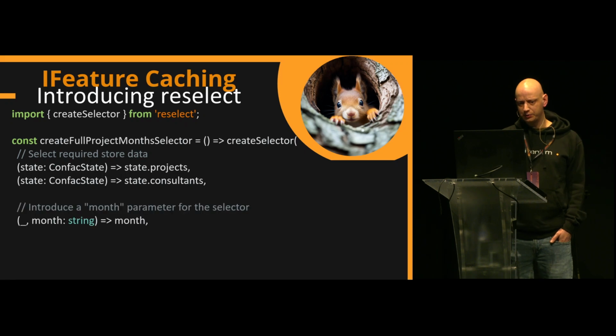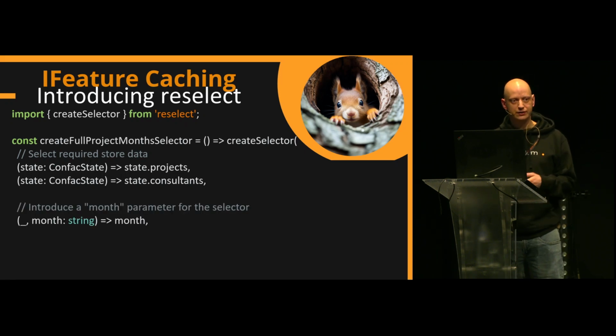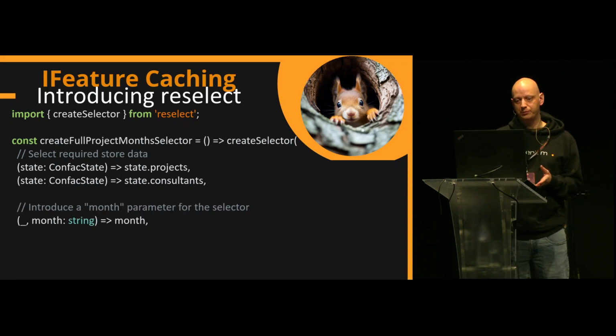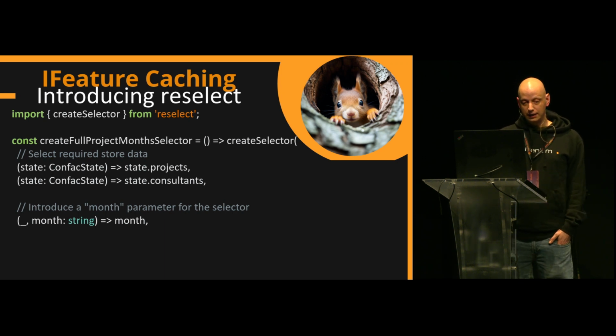And then there is a specific syntax for reselect for how you introduce a parameter, because we want to do the caching for each month. So the first parameter is just the underscore as a state, and then you add one, and that's a parameter for your selector.